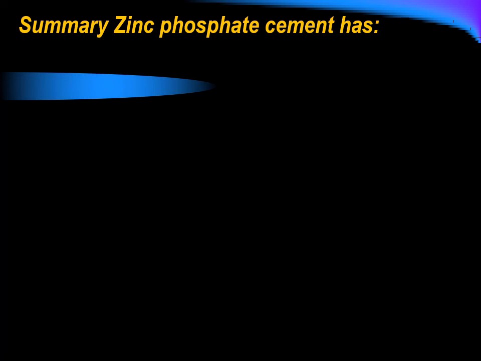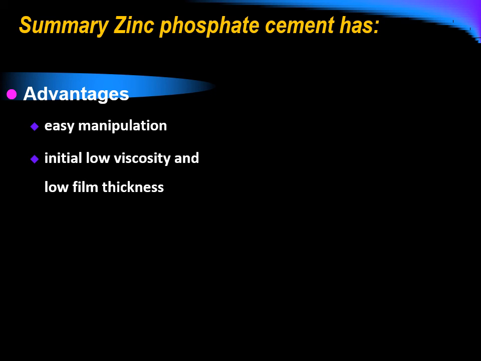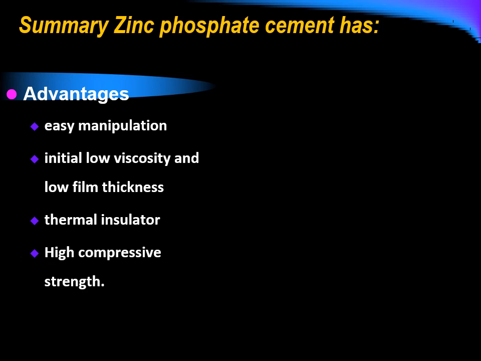So the advantages of zinc phosphate cement: it is easily manipulated. It has low initial viscosity and low film thickness. It is a thermal insulator, so it can insulate the pulp from electrical, thermal, and mechanical stimuli.